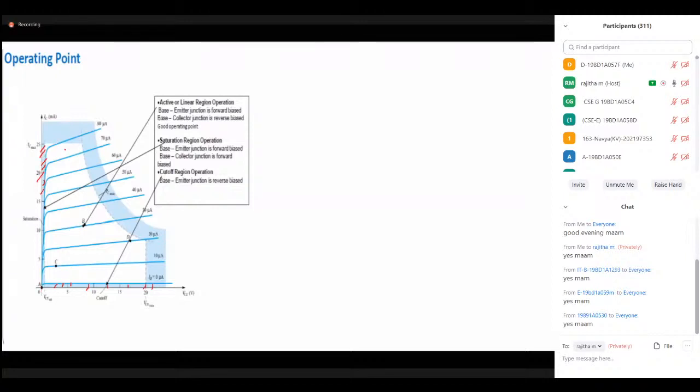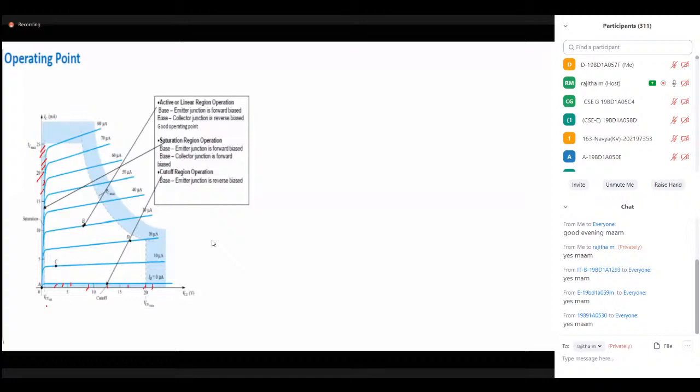A heavy amount of current flows through that junction. With IB of 80 microamp, the maximum current might be in the range of 25 milliamps. With IB of 70 microamp, you would have 20 milliamp of current.